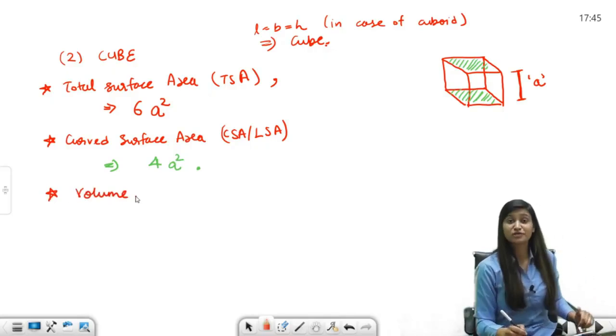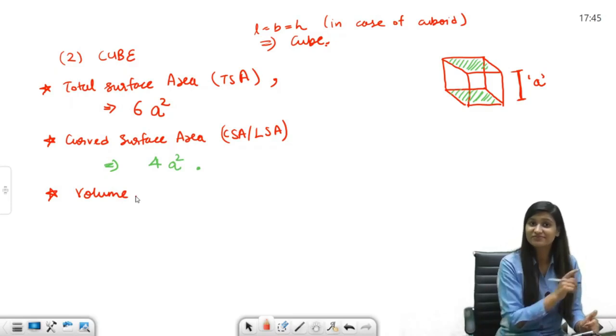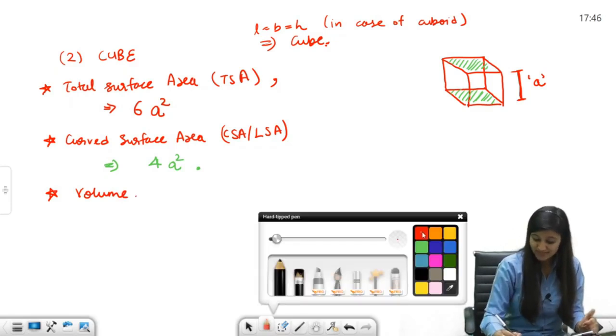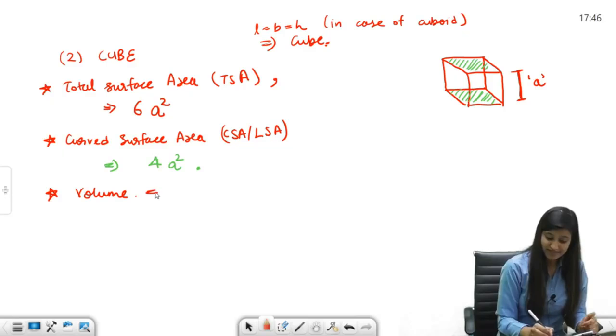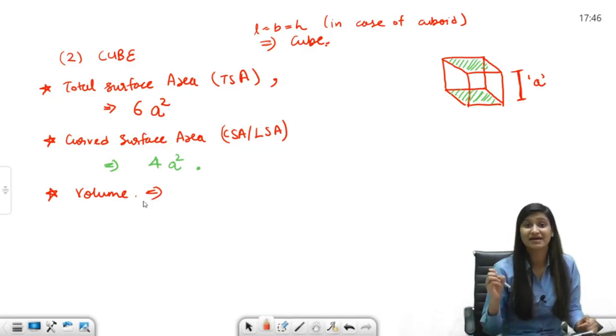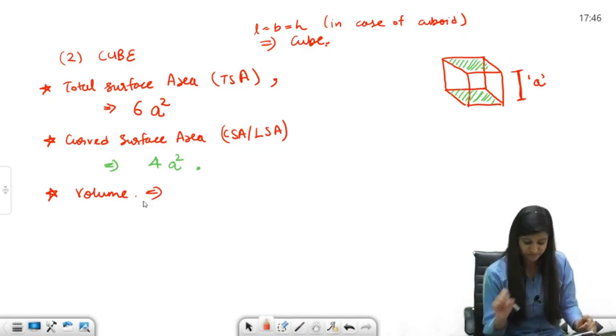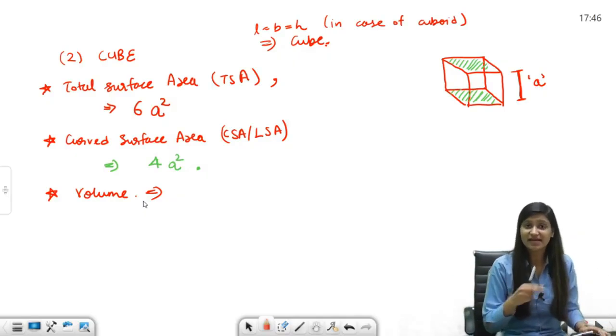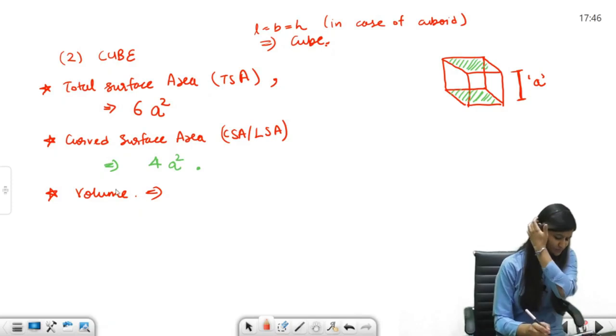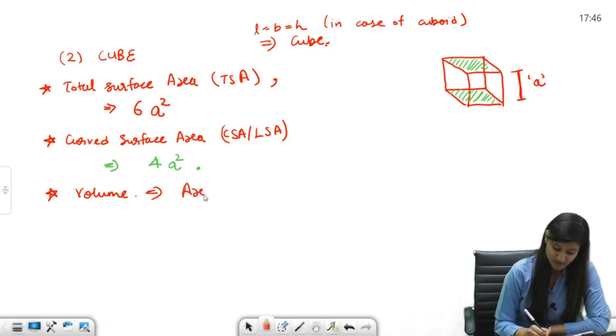Now volume of a cube. I told you the general formula in the previous slide, right? What was that? Volume means the storing capacity of a particular shape, and that is defined by volume. So volume is area of base into height.